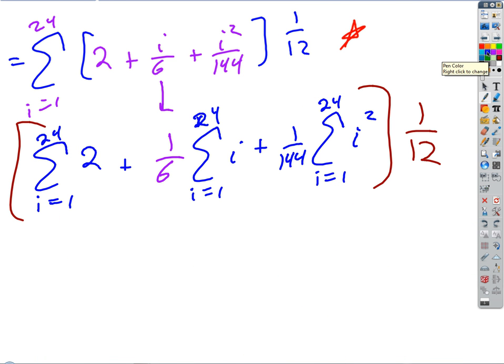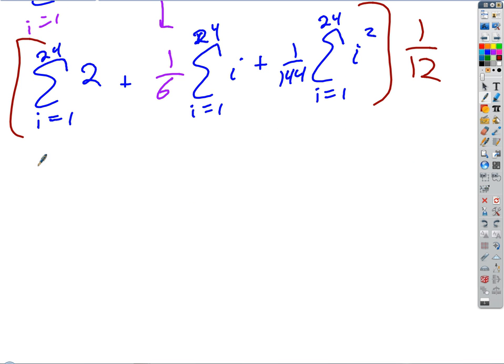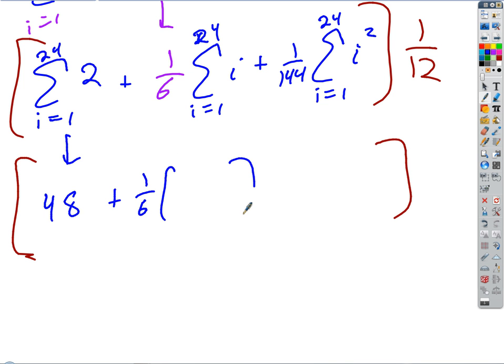So then what does this guy become? The sum of c from 1 to n was cn, so n is 24, so that's just 48, right? What about this guy? Well, we're going to get plus 1/6 times, what was the sum of i, do you remember?